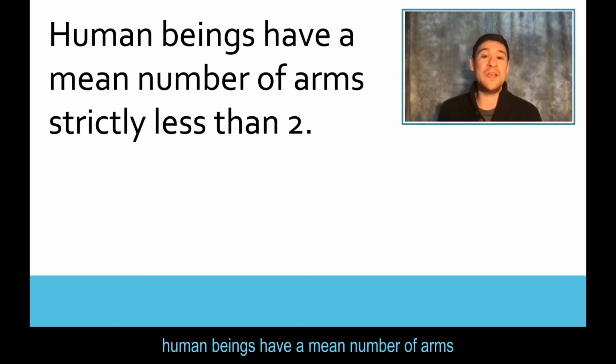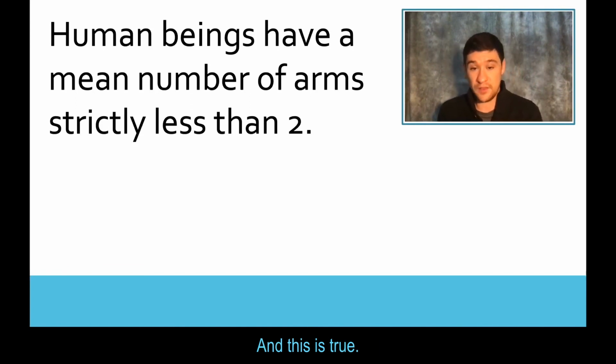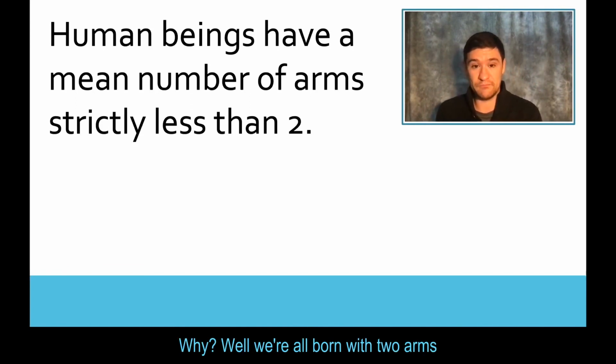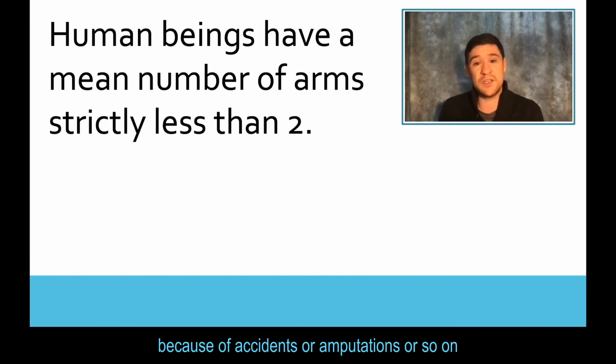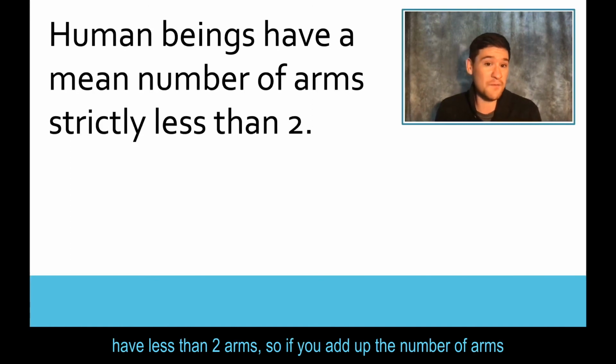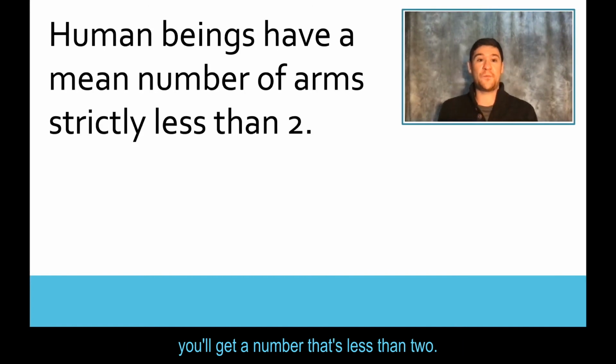Human beings have a mean number of arms that is strictly less than 2. And this is true. Why? Well, we're all born with 2 arms. Nobody is born with more than 2 arms, but there's plenty of people out there who, because of accidents or amputations and so on, have less than 2 arms. So if you add up the number of arms everyone's got divided by the number of people there are, you'll get a number that's less than 2.